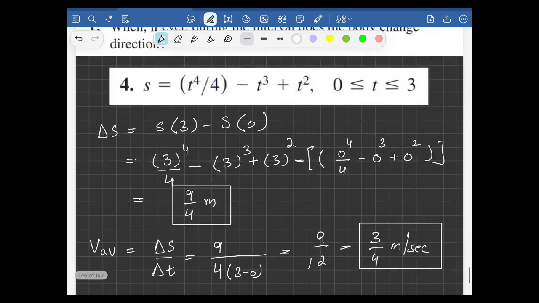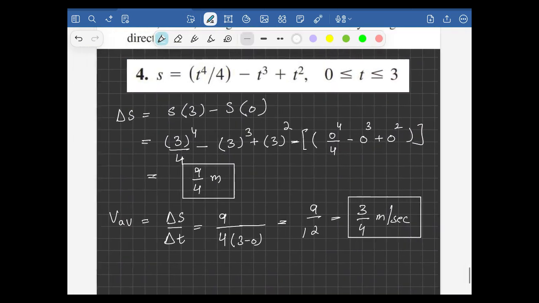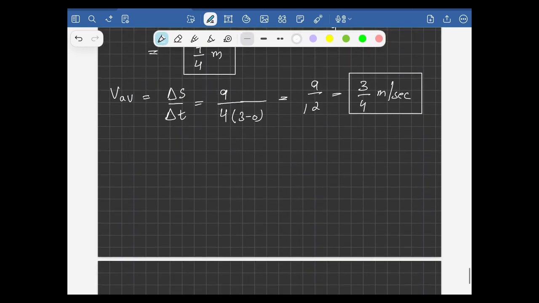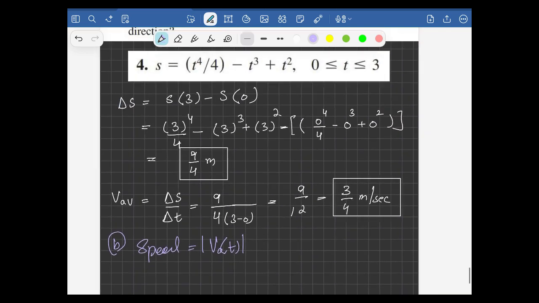Okay, so displacement and average velocity. Now we need to find the speed and acceleration. In the B part, speed equals the absolute value of the velocity at time t. So find the velocity first.